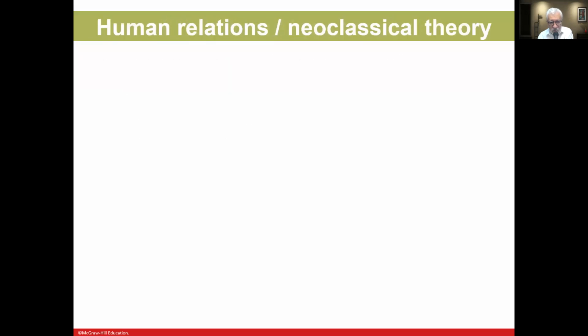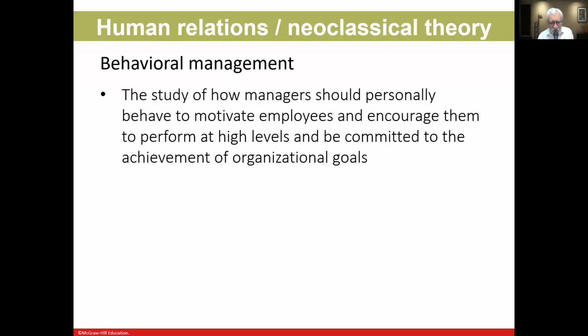And the neoclassical approaches say, yes, you should try and humanize it. Remember Mary Parker Follett? Well, she brought to us the notion that we should try and create a more humanistic organizational workplace. And that's what we mean by behavioral management.